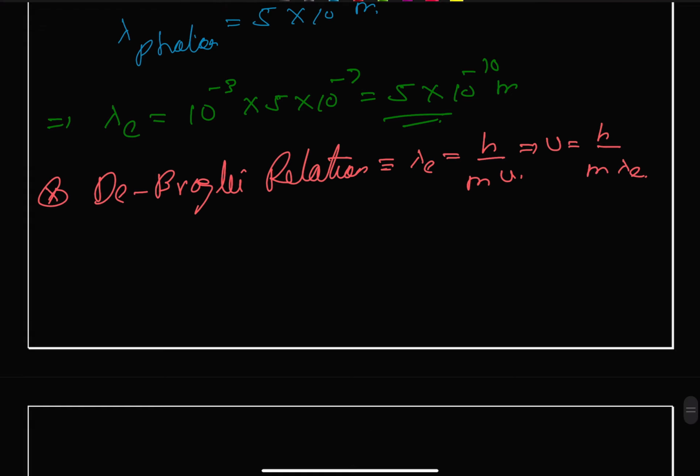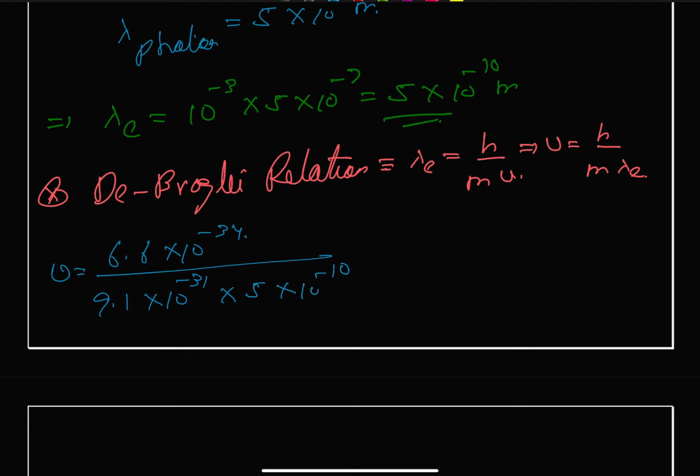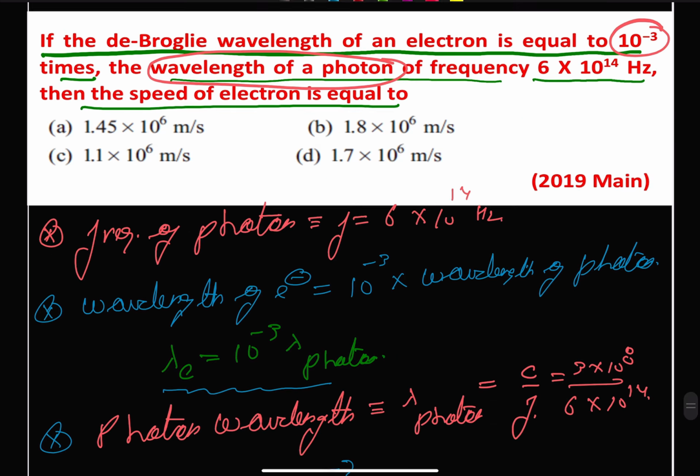We already calculated all the values, so we substitute, we get velocity is equal to 6.6 into 10 to the power minus 34, mass we know is 9.1 into 10 to the power minus 31, and lambda is our 5 into 10 to the power minus 10, and this comes approximately equal to 1.475 into 10 to the power 6 meter per second. So option A is correct.